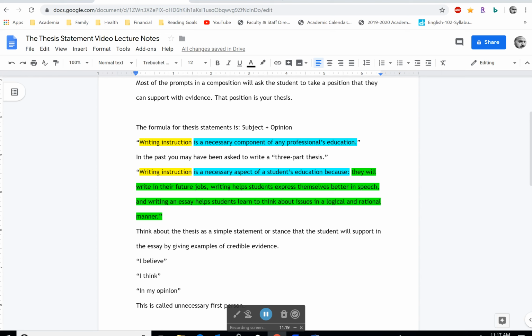So another thing to keep in mind is that the thesis statement must be a statement. It should never be a question. Also, a thesis statement can't be a preference. It shouldn't be something like writing sucks or writing is no fun or writing is terrific. I totally enjoy writing, therefore it's important. That's not enough justification for an argument. And then there's basic things like grammatical structures to make sure your thesis statement is correct.